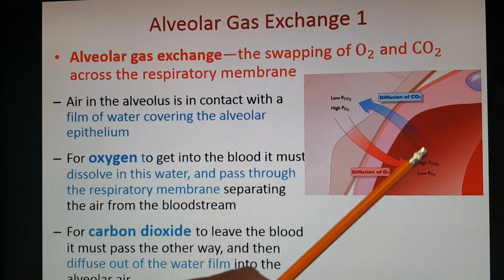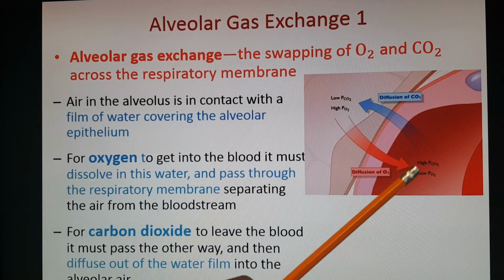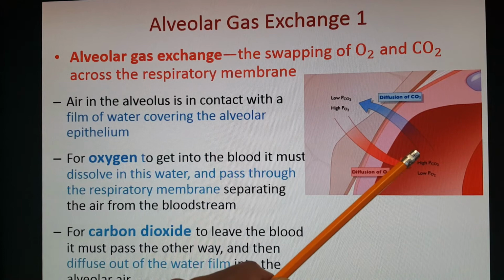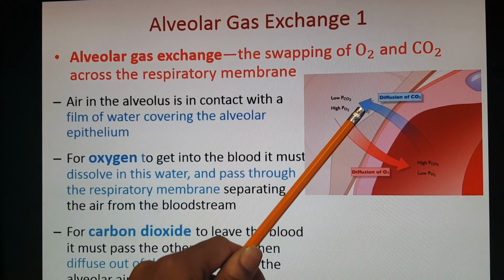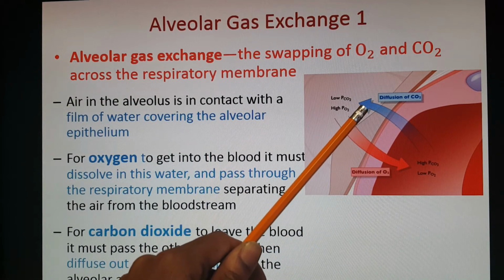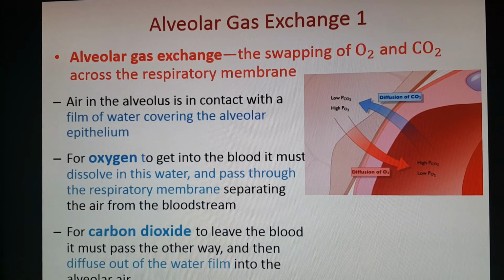Your carbon dioxide is already dissolved in your blood plasma, so it's able to easily diffuse across the respiratory membrane and dissolve into the water that's there, and then be released out into the alveolar air.